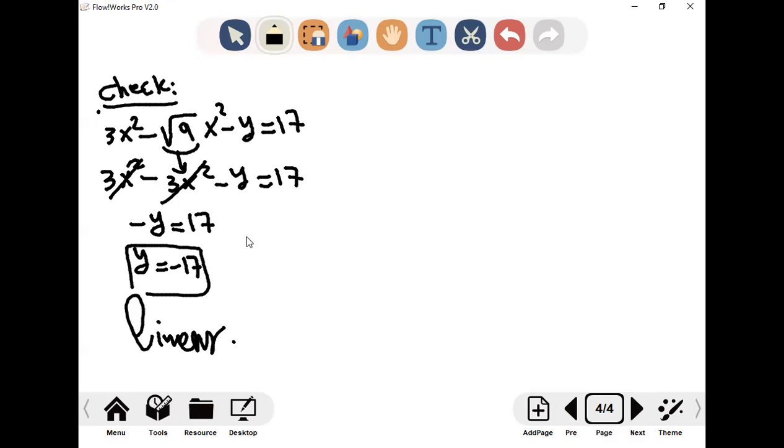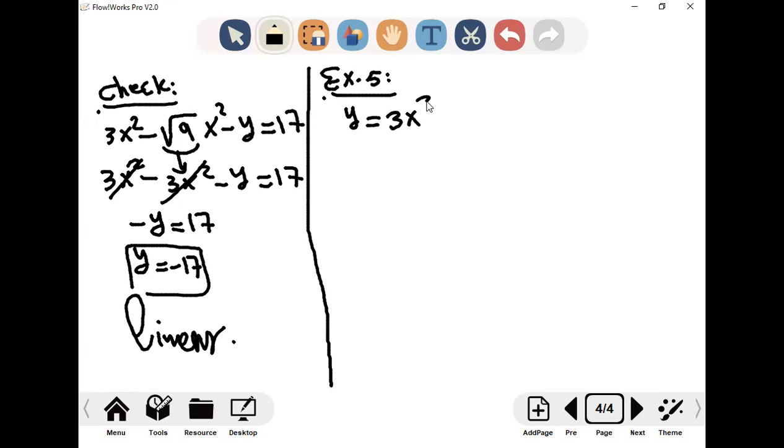Example 5. Also same idea, linear or non-linear. We have y equal 3x power 3 minus x power 3 plus 3x plus 6. Can we simplify?